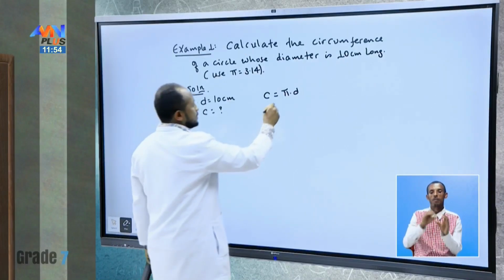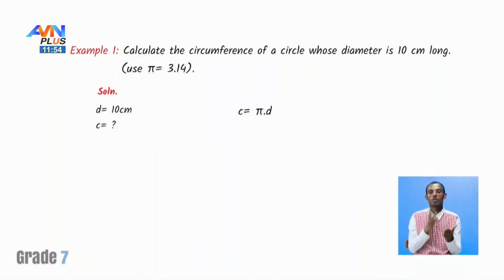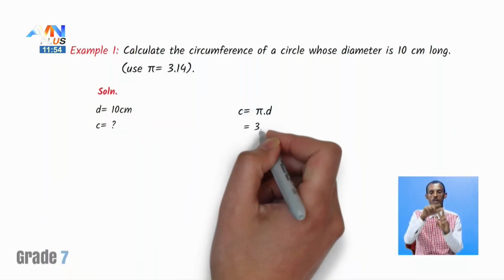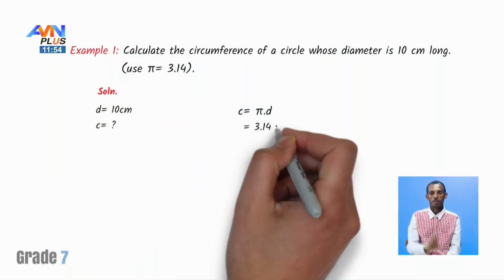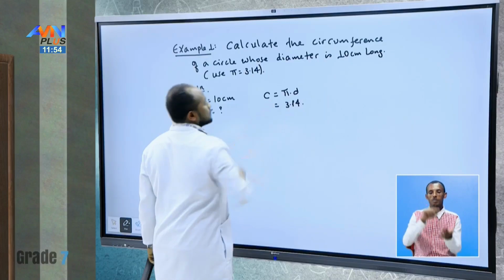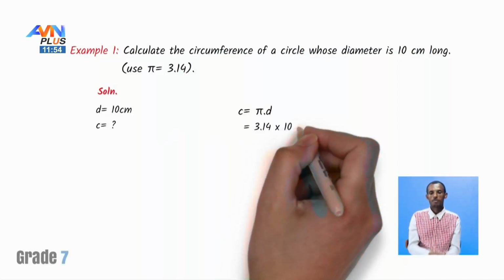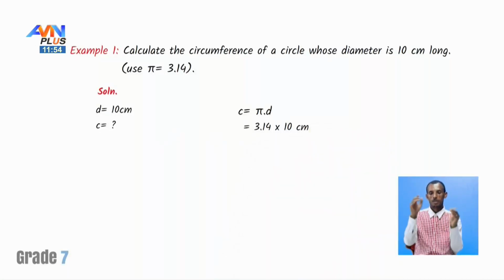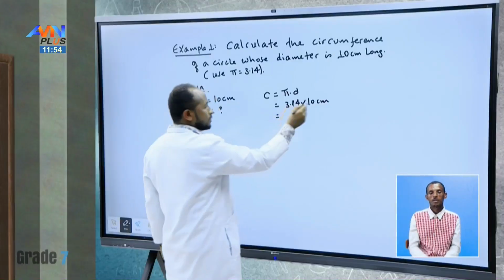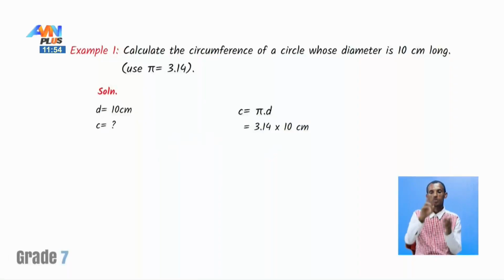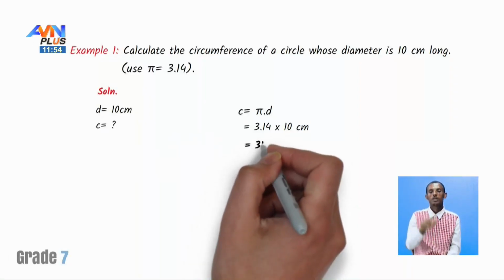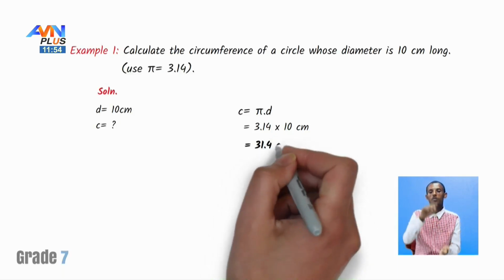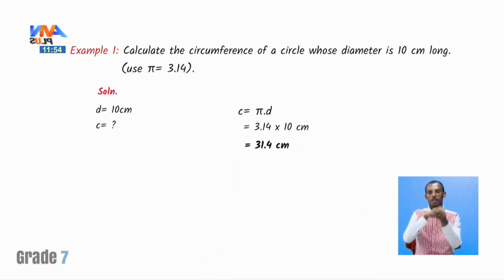Therefore, here we can use pi 3.14. So it is 3.14 times the diameter, 10 centimeter. So the product of these two gives us 31.4 centimeter as the circumference of the circle.